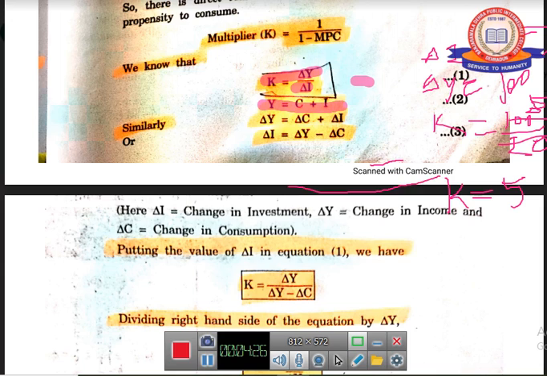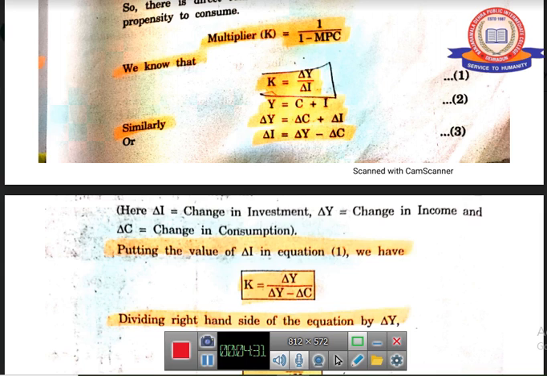Mark this as equation 1, this as 2, and we also know that in marginal propensity to save, del income is equal to del consumption plus del investment. Now to find out del investment, we can write it as del investment is equal to del income minus del consumption. Put this equation as 3.